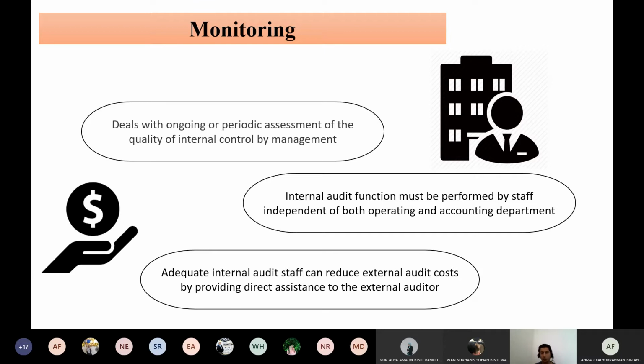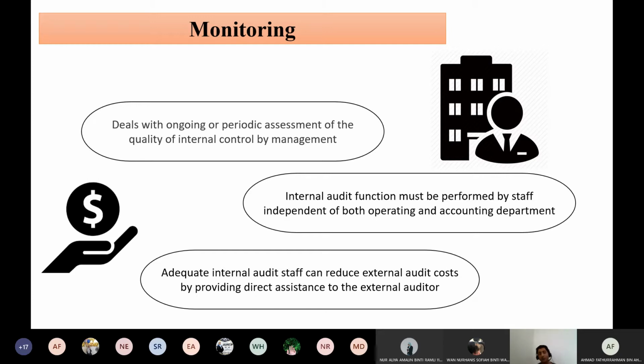First, it deals with ongoing or periodic assessment of the quality of internal control by management. Next, internal audit functions must be performed by staff who are independent of both the operating and accounting departments.